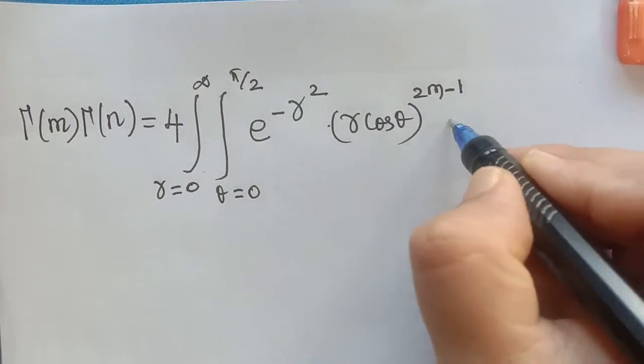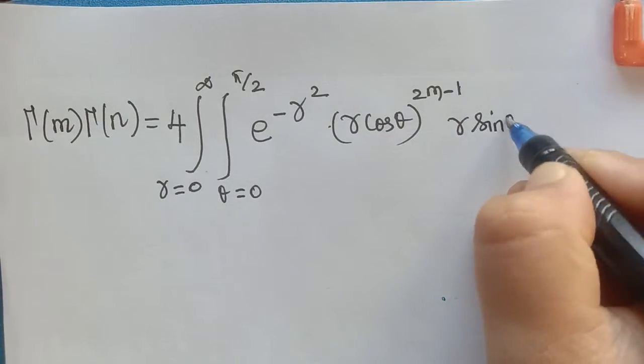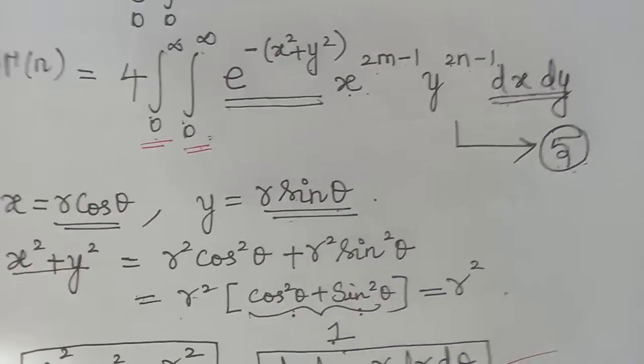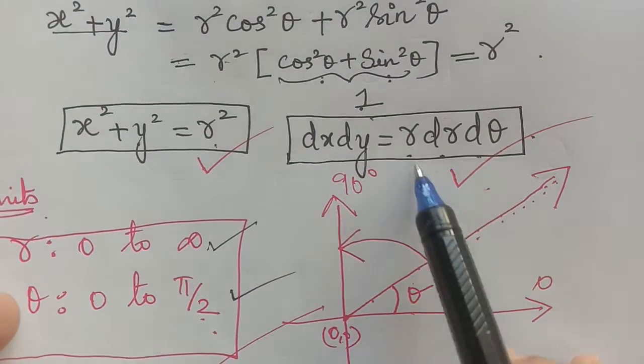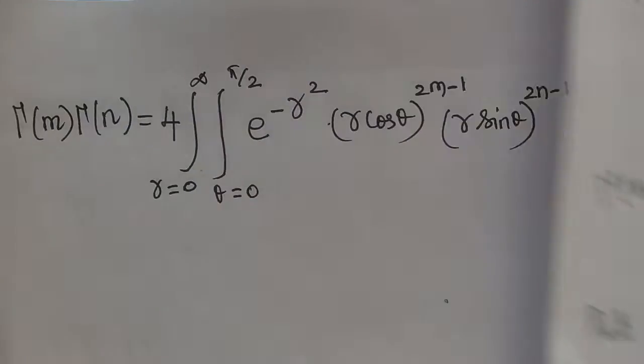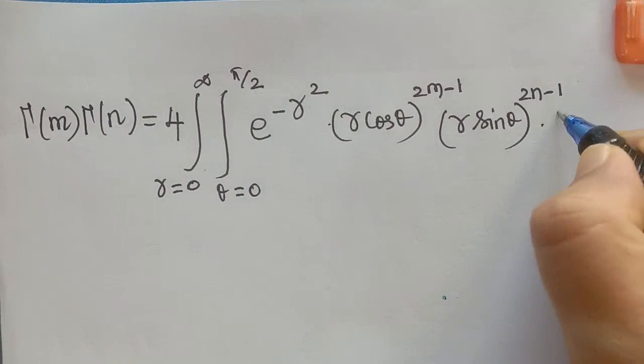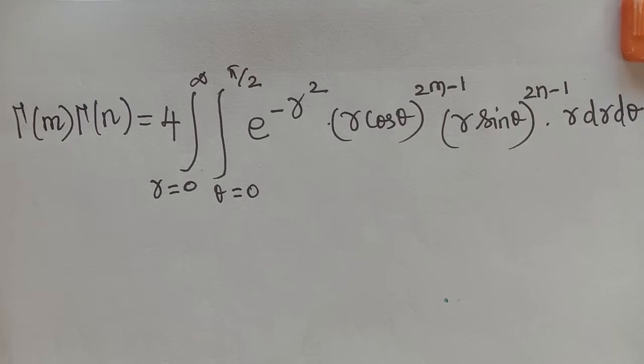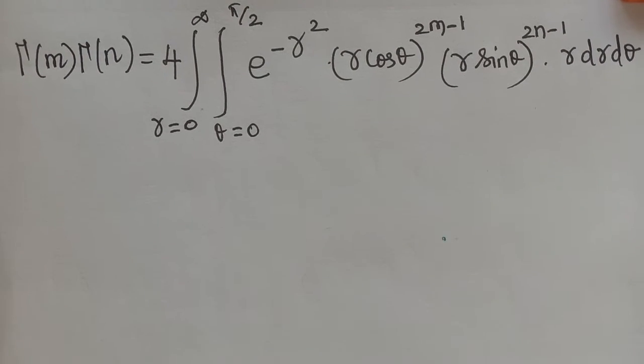So r sin theta to the power 2n minus 1. Then we have dx dy. But what is dx dy? It is r dr d theta. So we will be multiplying with r dr d theta. So this is what we obtain. We shall further simplify this.